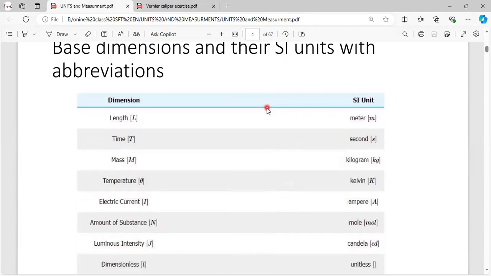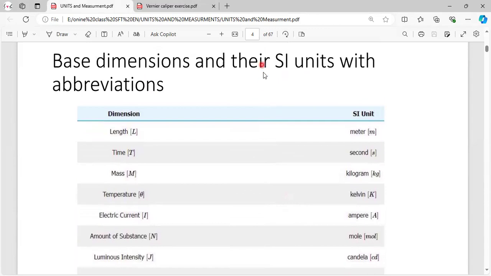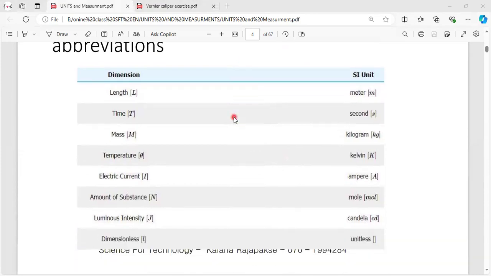And these are the main dimensions or the base dimensions, and their standard SI units, right? With their abbreviations. For example, length is given by meters. Time is measured through seconds, simply s. Mass is measured by kilograms. Temperature is the theta term.